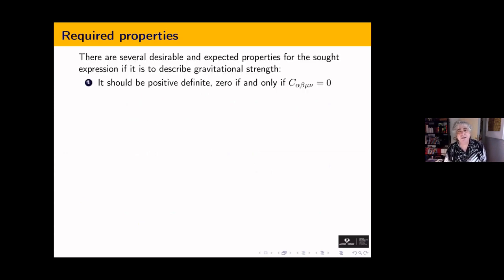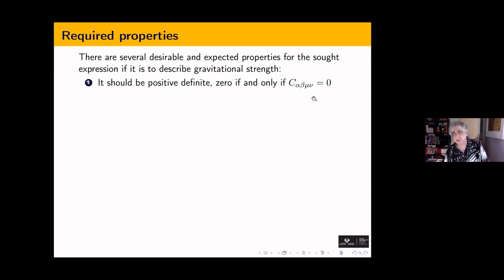Now, let me give you what I think are the required properties that we need if we want to give a true physical meaning of energy density to any of these deficits or excesses. The first thing, it should be positive definite, and it should vanish if and only if the Y tensor vanishes.